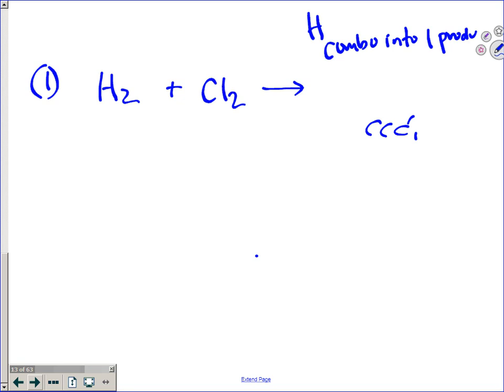Look at what group it is. 1, so it gets a +1 charge. What's chlorine's charge? -1. Because it's in group 7. So when you crisscross the charges, they're both 1. So you get H1, Cl1. That we're good there. Okay, it's not that you're smushing them together and making H2 and Cl2. It's that you're putting them in a new compound. Balance that.